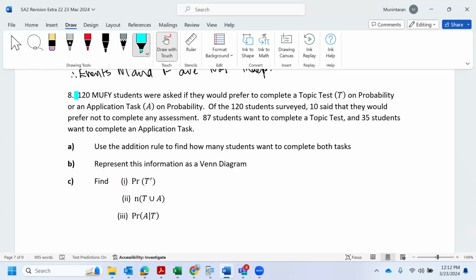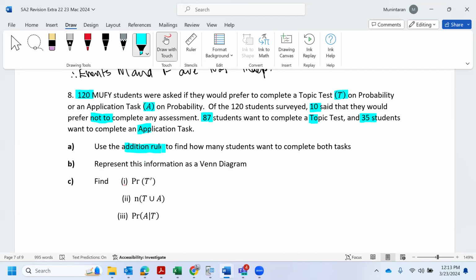Whether they want a topical test, T, or an application task, A. Out of this 120, 10 would not prefer to do either. They just want to come there and not do the test. 87 want the topic test, T, and 35 want the application task.